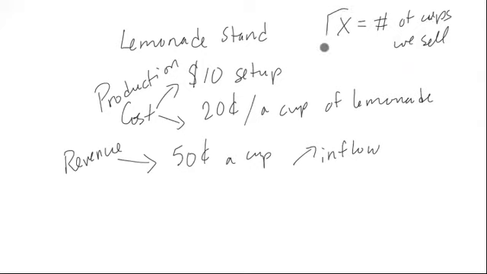And let's suppose that the cost function, maybe for setup or getting ready, is a function of X and depends on X. So let's suppose that X is 0. Then what happens?